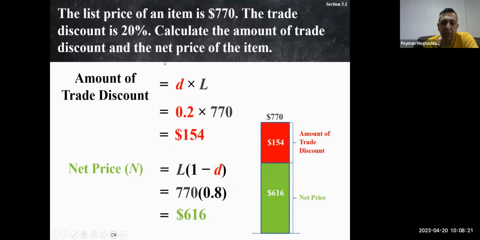Then the amount of the trade discount is list price 770 minus net price 616, which is 154. Or we can just use the equation: the percentage of the trade discount multiplied by the list price, 20% of 770, which is 154. So you can do it either way: find the net price and deduct it from the list price, or just take 20% of the list price to get the amount of trade discount.